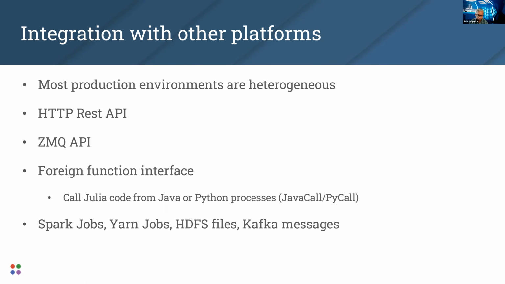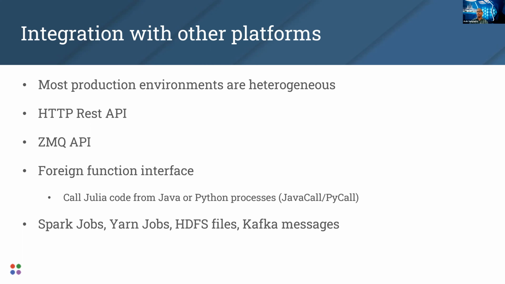Okay, so moving on from HTML and web UIs, most production environments, you will agree today, are heterogeneous. No one's doing a pure Julia service. Even if you write most of your code in Julia, there is always going to be other parts of your ecosystem that you have to interact with.